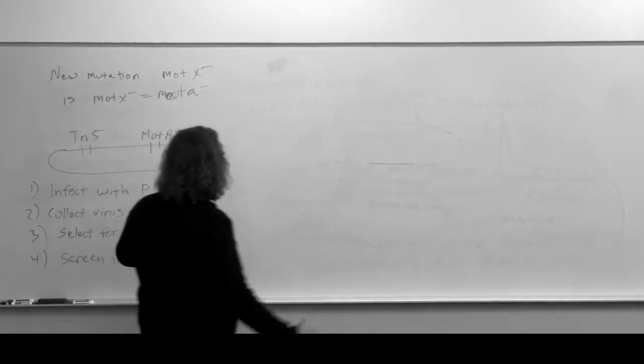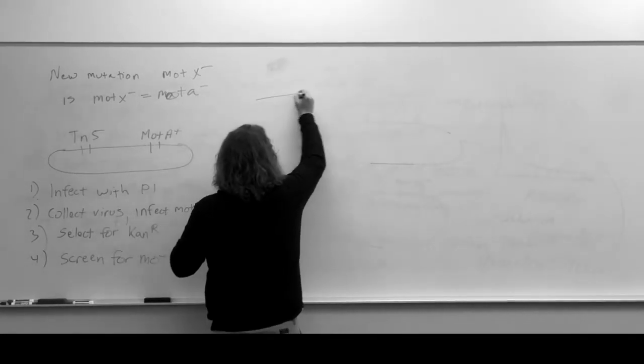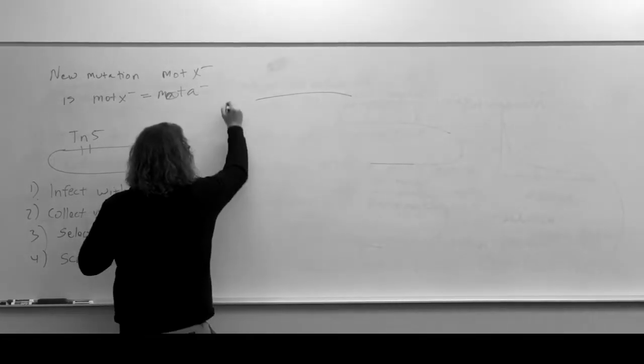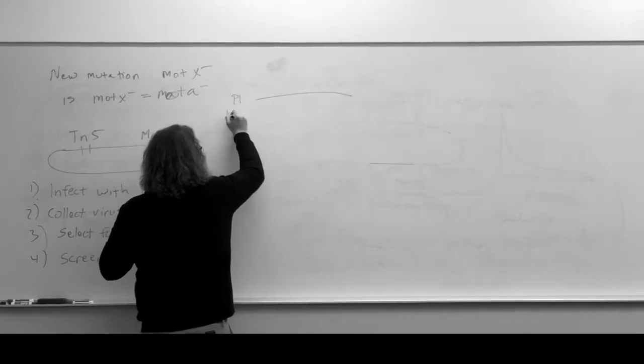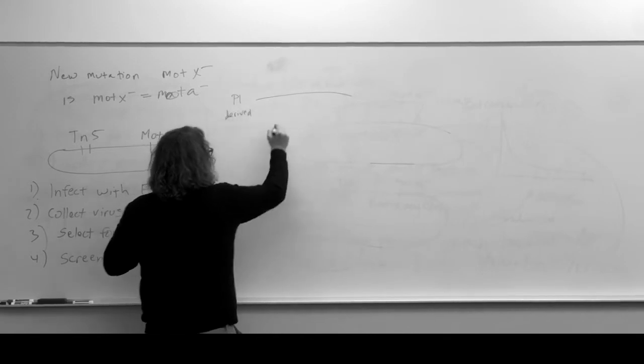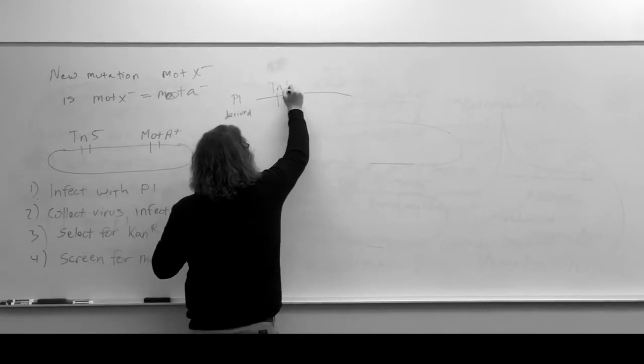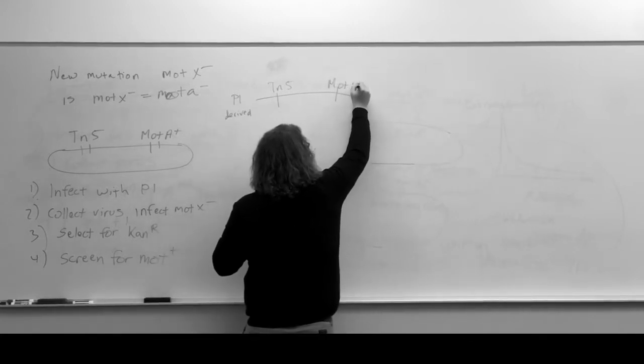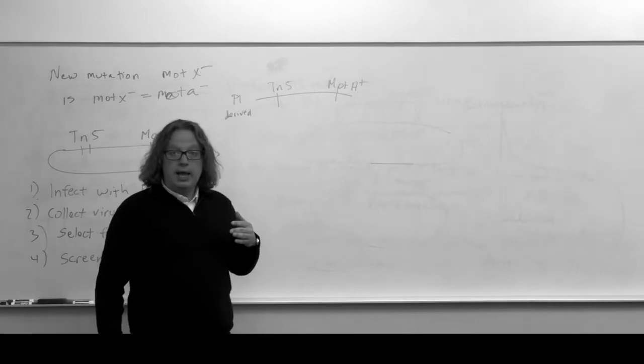So what might this look like? Okay, so we have our piece of DNA that's P1 derived, where we have TN5 and MOT A plus.